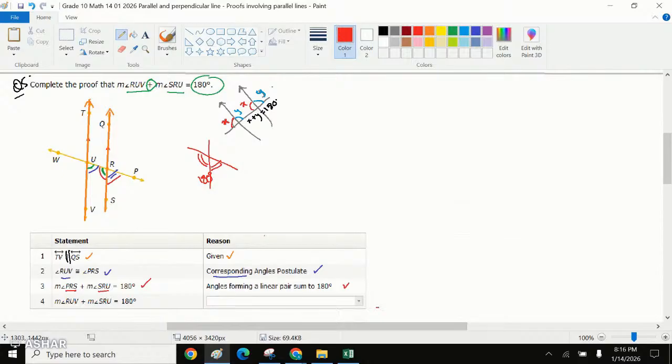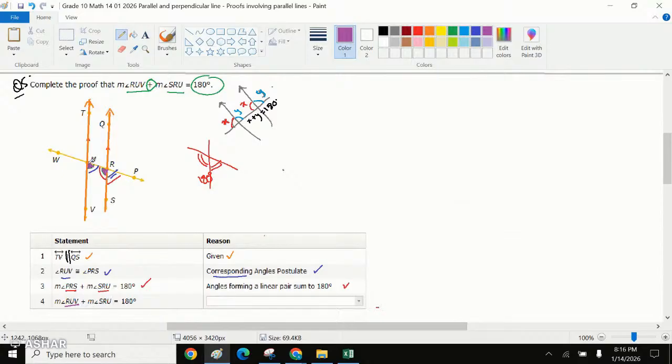So the last statement would be substituted by, what do we say in the last statement? RUV, where is RUV, this angle, plus SRU plus this angle.